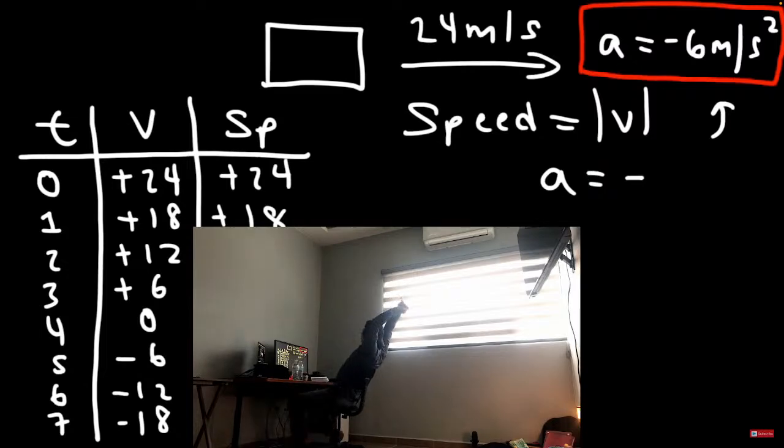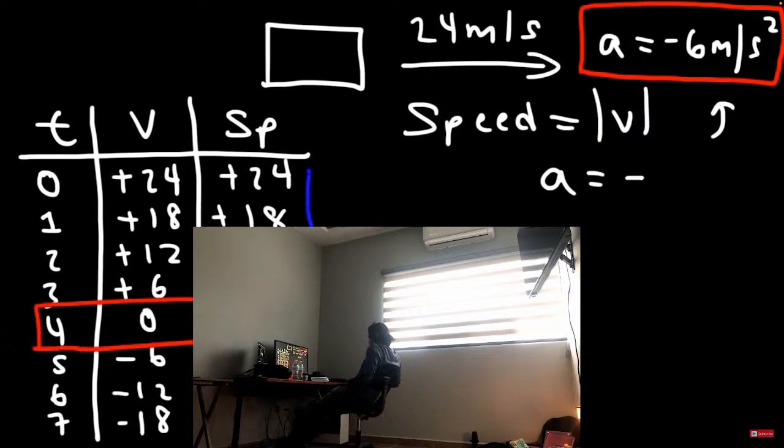Now, let's focus on the first half. In the first 4 seconds, the object is slowing down. If you look, the speed is decreasing from 24 to 0. So what's happening is that the object is moving, but over time, it's moving slower and slower.